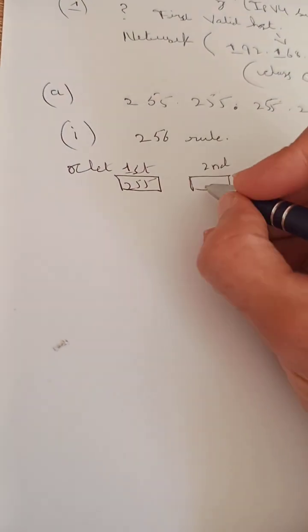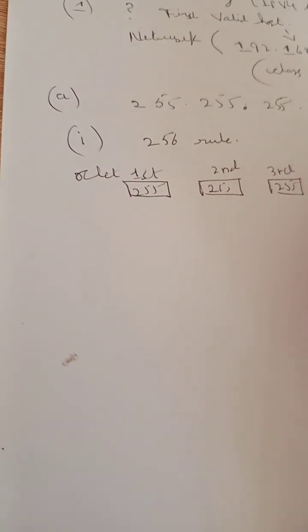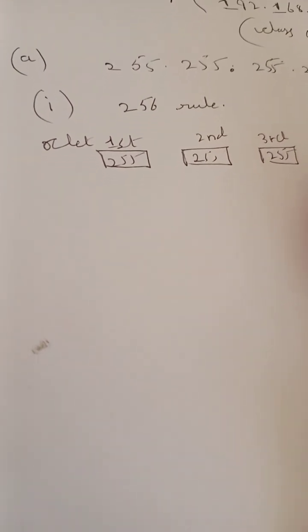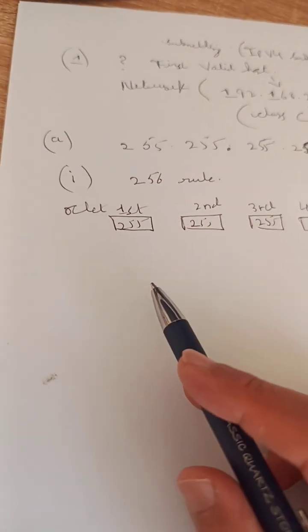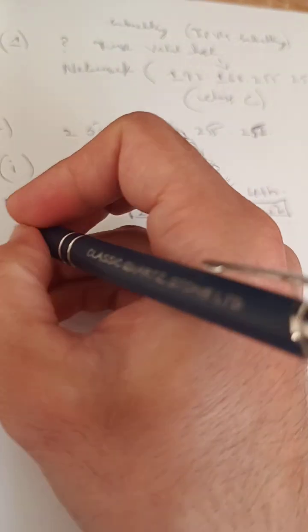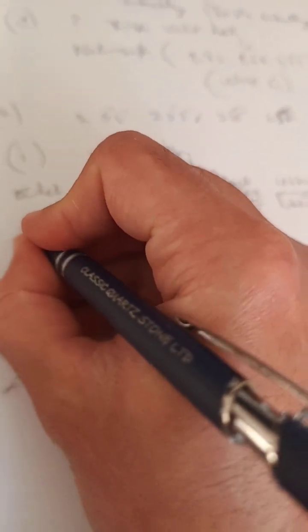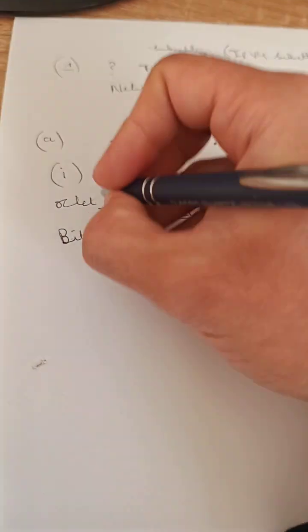That's our first octet, second octet, third octet, and then we have the fourth octet in here. Just to let all of you know, hello to those joining. This is bits on this side and octets on that side.